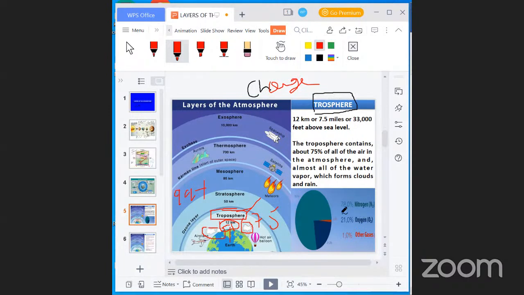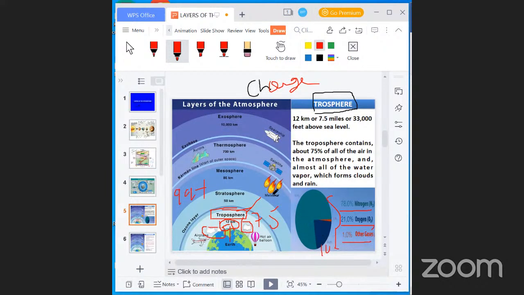You see here, 78% nitrogen and 21% oxygen and 1% other gases, including argon, water vapor and carbon dioxide, right? So nitrogen, oxygen and other gases, totally 100%, right?